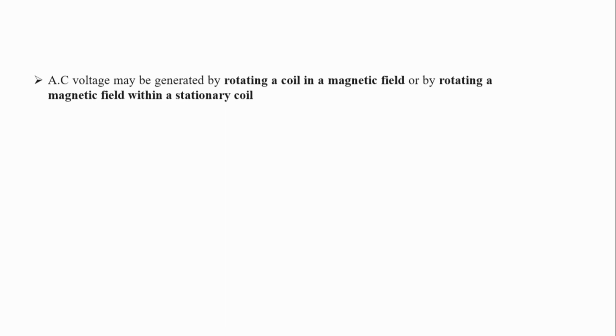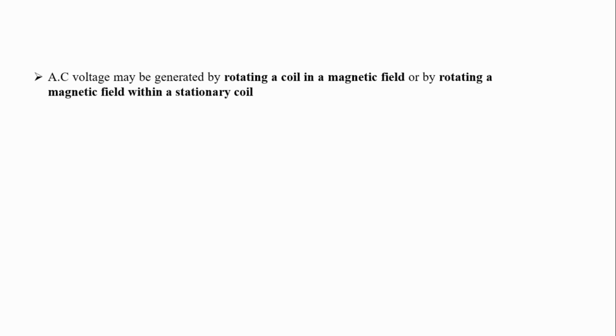AC voltage may be generated by rotating a coil in a magnetic field, that is, the coil is rotating and the magnetic field is stationary, or by rotating a magnetic field within a stationary coil, that is, the magnetic field is rotating but the coil is stationary.